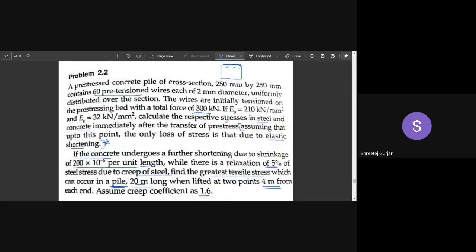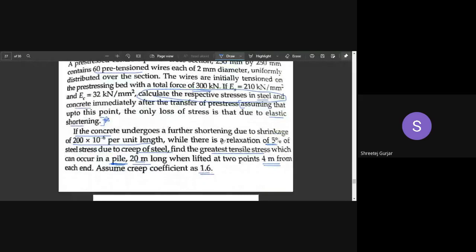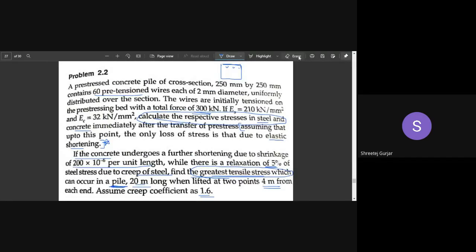Then we have calculated all the losses, and then we have calculated the greatest tensile stress which can occur, that is minus 0.42. So I hope it is clear. If you have any doubt or if you didn't understand any part, please let me know.